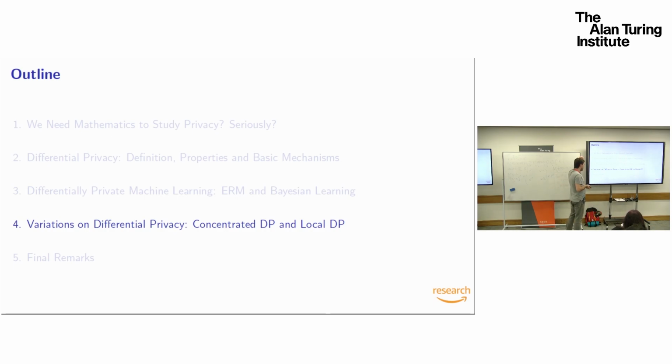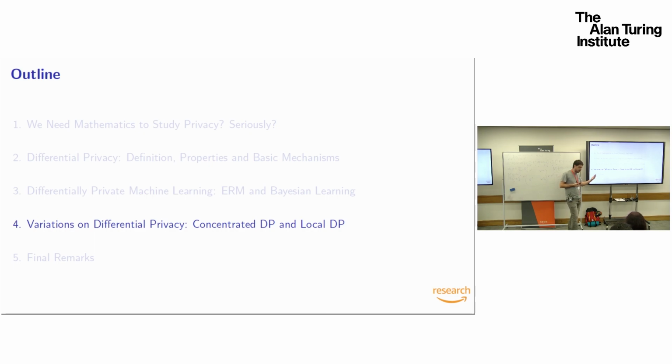Okay, so far I've been talking about epsilon differential privacy and epsilon-delta differential privacy and how you can apply this to machine learning and other more basic data analysis problems. Now, one of the problems that happens when you want to do differential privacy, and this is very obvious when you look at the proofs of these differentially private stochastic gradient descent algorithms, is that you need to apply composition a lot of times.